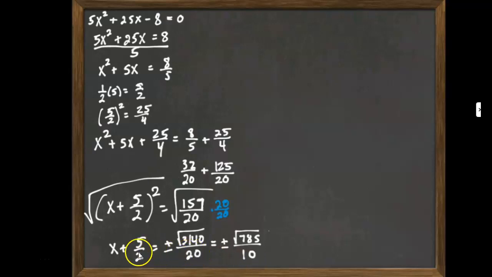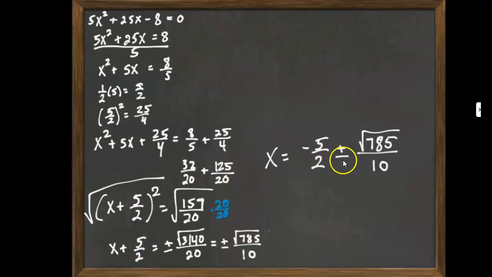And now the final step is to get x by itself. So we just need to take that 5/2 over to the other side, and then finally we have our answer here. X equals negative 5/2 plus or minus the square root of 785 over 10. And so we have our two solutions there, the plus square root and the minus square root of 785 over 10.